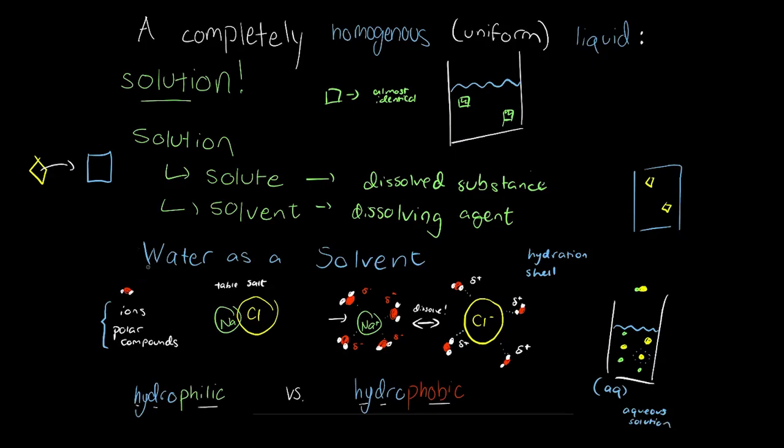Depending on whether or not a substance interacts with water like this, we can call it either hydrophilic, which means loving water, or hydrophobic, which means hating water. These are derived from Greek terms. Hydrophilic meaning that it will interact strongly with water, whereas hydrophobic means it will not interact at all with water.